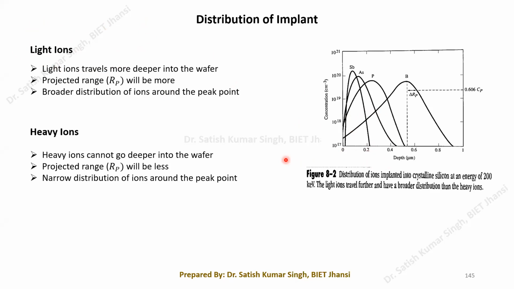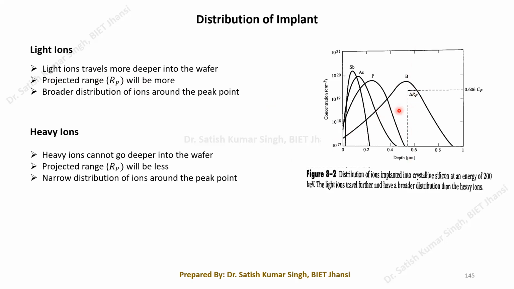So the projected range is the average distance actually traveled by your dopant material. Here you can see that whenever it is a light ion, obviously the projected range will be more.